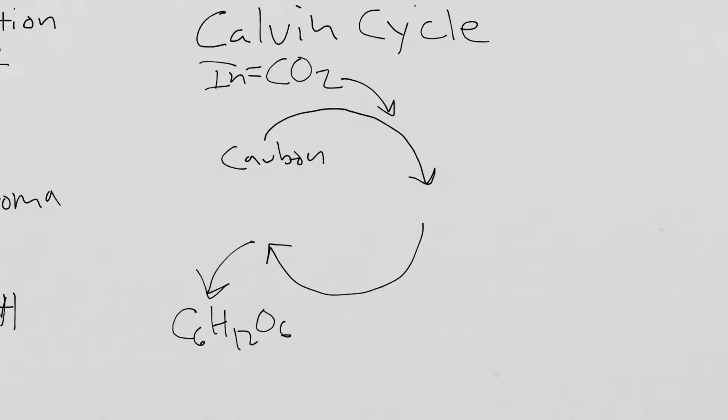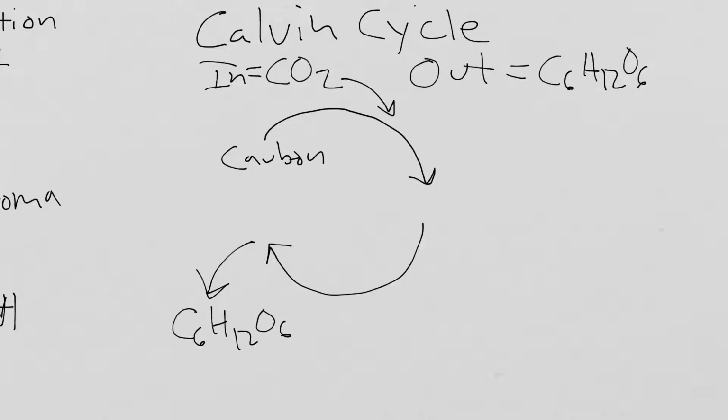I'm not going to go into all the steps. You don't need to know all the steps. All you really need to know is that you lost your ATP and your NADPH in this cycle, and your out is going to be C6H12O6.